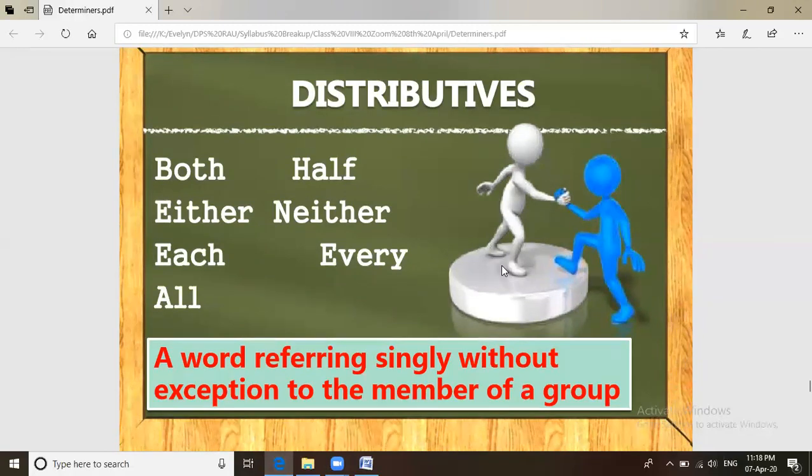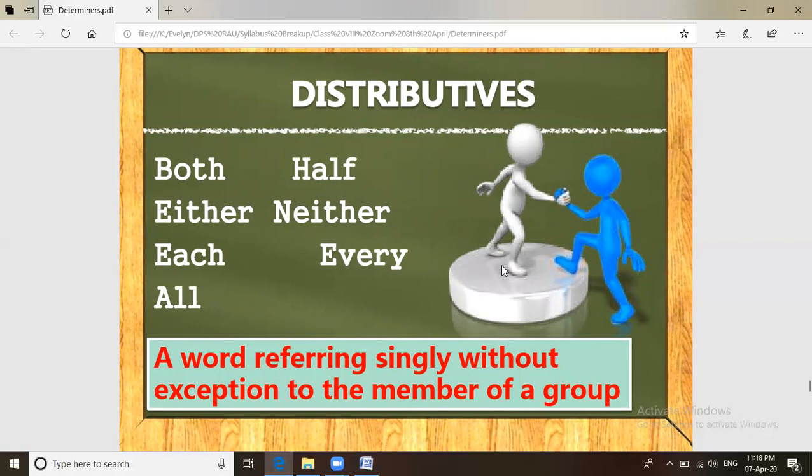Each member of the team will be given a medal. So the word each. Every school is conducting online classes. The word every. All the teachers are very hardworking. The word all. So these are distributive.